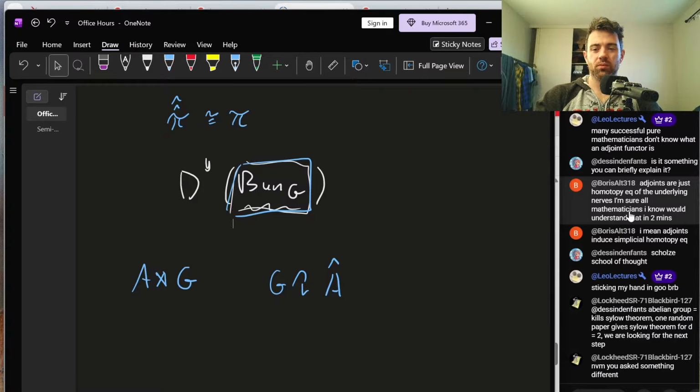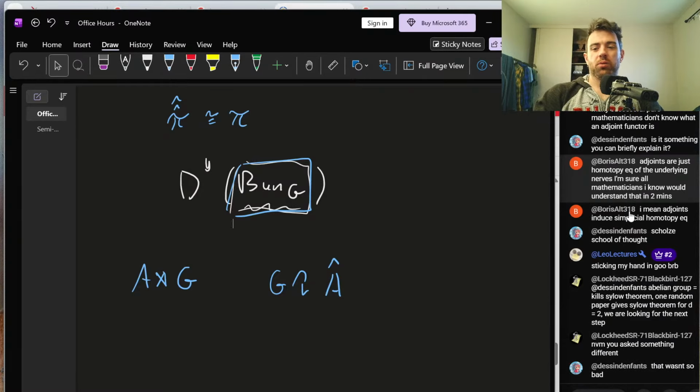You could probably explain the definition to them, but to have them internalize the usefulness, that's going to be harder, right, if it's not relevant to them.